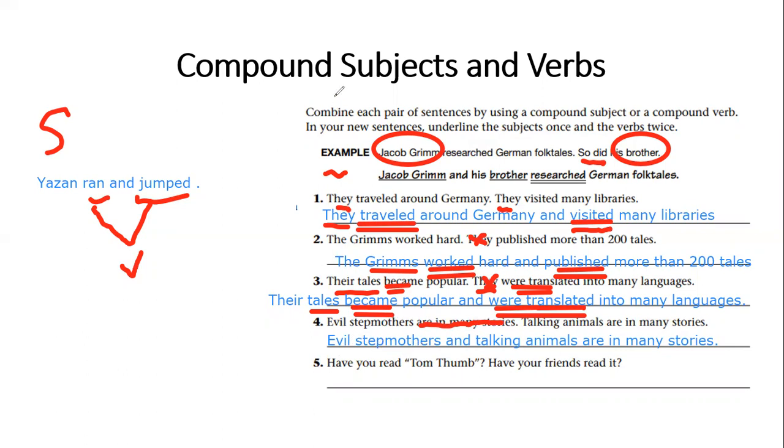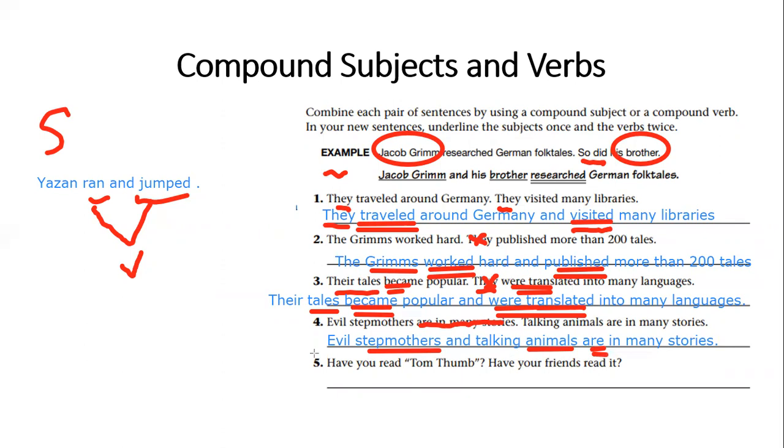I'm talking about stepmothers. Evil here is an adjective. So I'm going to underline stepmothers once. And also, am I talking about talking only, or the animals? I'm talking about the animals. So here we're having compound subjects. And where is the verb? We're having only here are. Are is a verb, and it's not compound. There is no other verb with are. So in the sentence, we're having a compound subject.